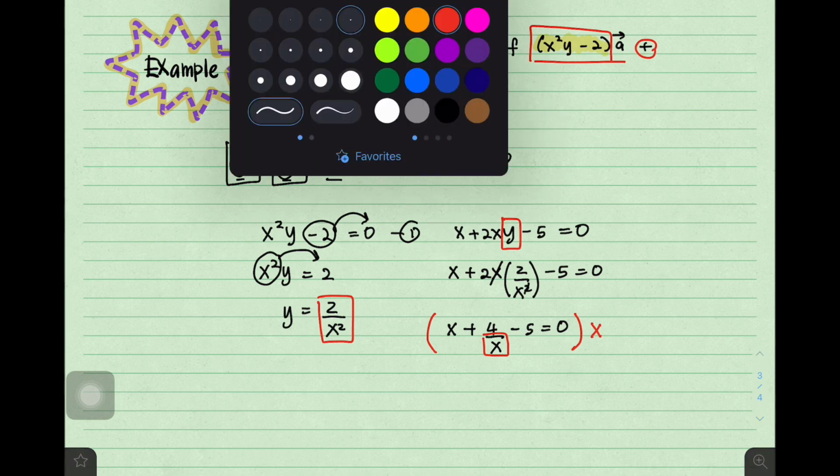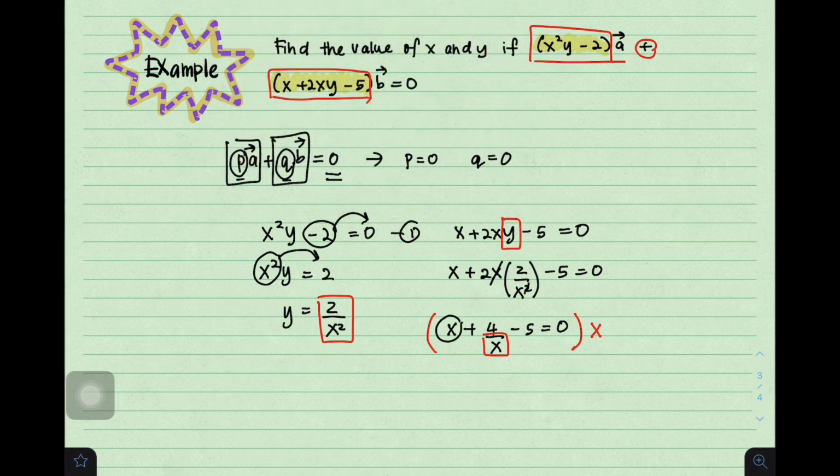So bila kita darab dengan x, apa yang kita dapat? x darab dengan x, awak dapat x square tambah 4 per x darab dengan x tinggal 4. Negatif 5 darab dengan x dapat negatif 5x, sama dengan 0 darab dengan x dapat 0. Okay, so from here awak dapat equation x square minus 5x plus 4 equal to 0.